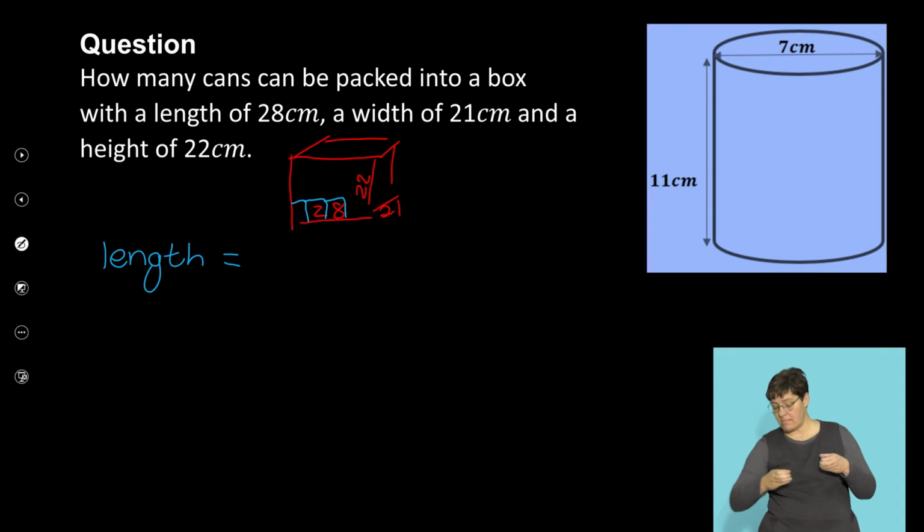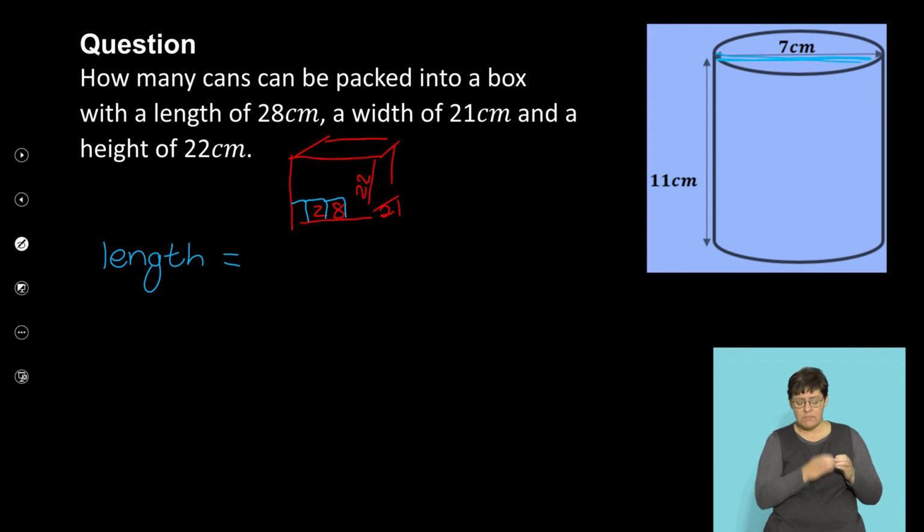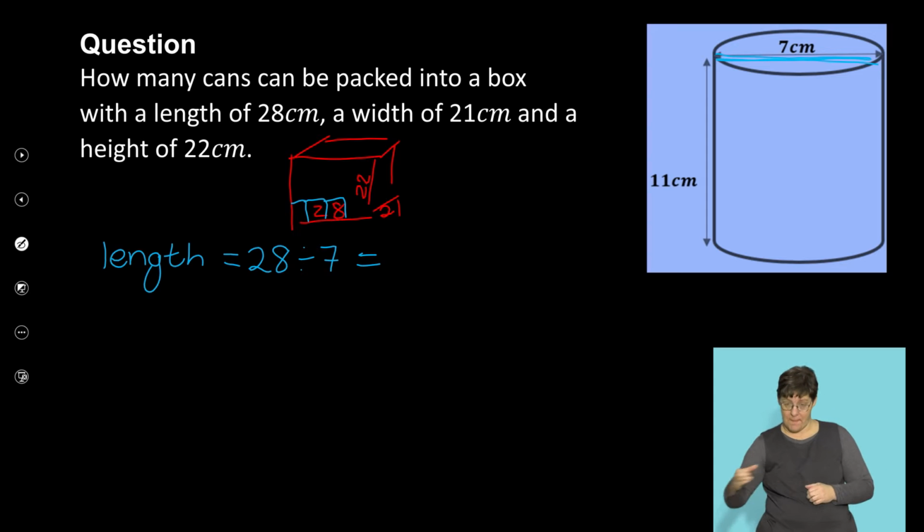So if my diameter is 7 centimeters, I would be able to fit 28 divided by 7 into the length of this box. So it's essentially saying how many cans across would fit. And 28 divided by 7 gives me 4. So I know along the bottom length of this box, I will be able to fit 4 cans.